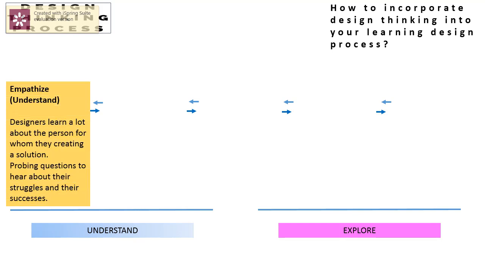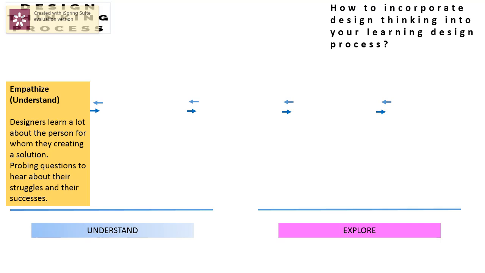Now, in the first phase, designers learn a lot about the person for whom they create the solution. Learning about this person may include borrowing the techniques of psychologists or anthropologists. It may mean literally walking a mile in your target audience's shoes during a field interview, or asking probing questions to hear about their struggles and their successes.